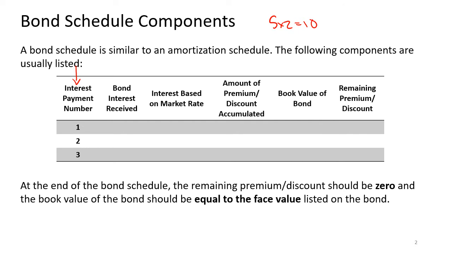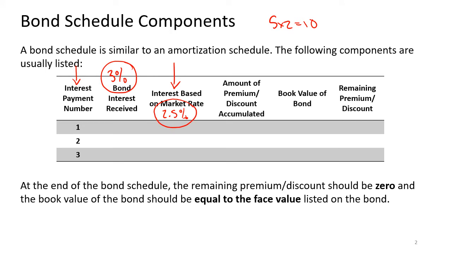Based on your book value and calculating using the actual interest rate, you'll come up with an interest that's based on the market rate. So your bond rate might be 3% and your market rate might be 2.5%. When you do your bond interest, you use the bond rate. When you do the interest on the market rate, you use your market rate of interest.